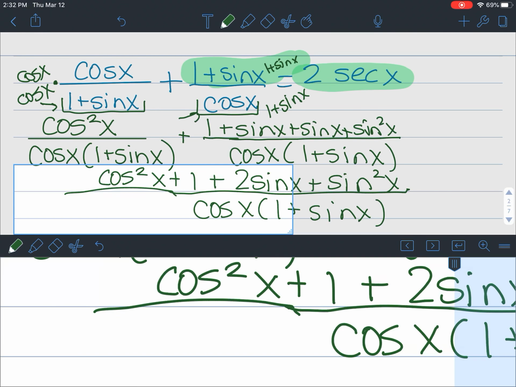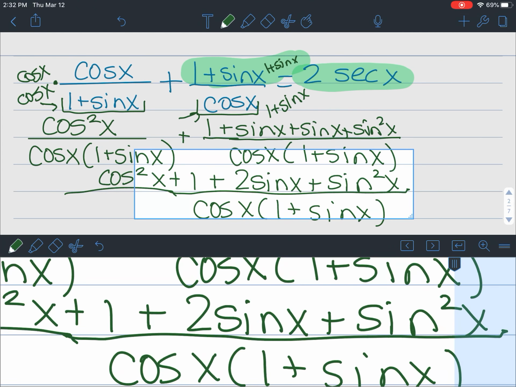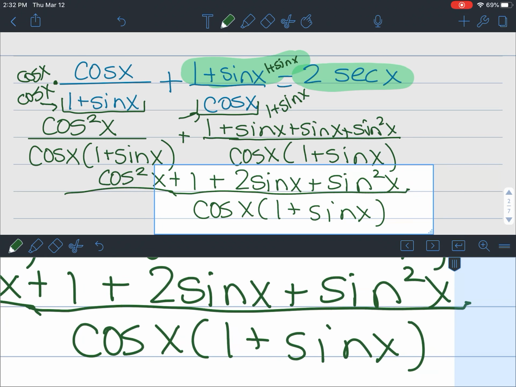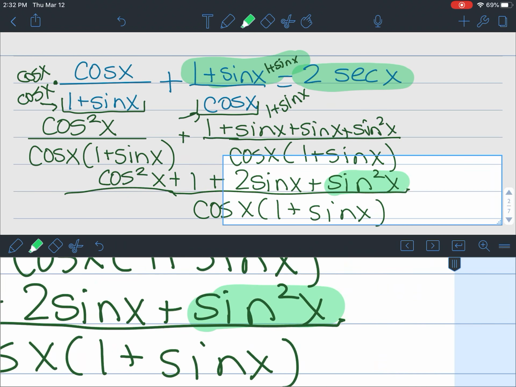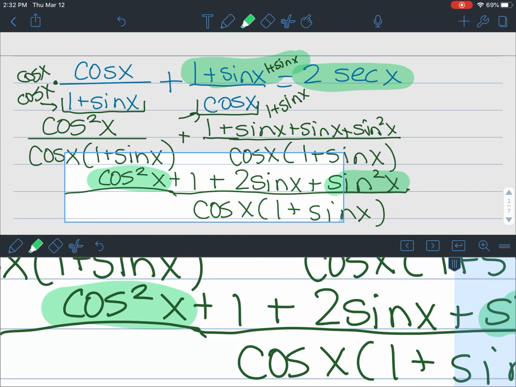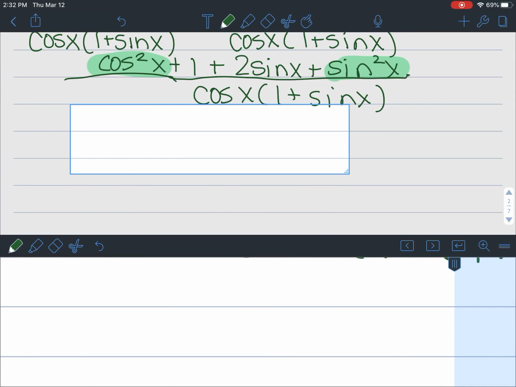You can do that. Okay, now take a look at this numerator. Do you see a cosine squared x? Do you see a sine squared x? It doesn't matter that they're not near each other. Sine squared x plus cosine squared x equals what? That's right, it equals 1.